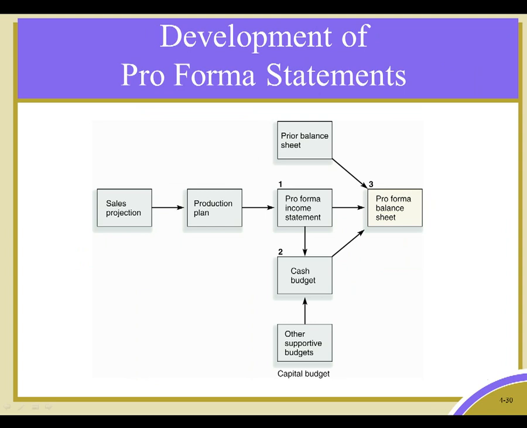Okay, we have now seen in those three statements the development of really three of the most important statements for financial forecasting. We forecast the income statement, we forecast the balance sheet. Those are statements that accountants after the fact are going to be quite interested in.